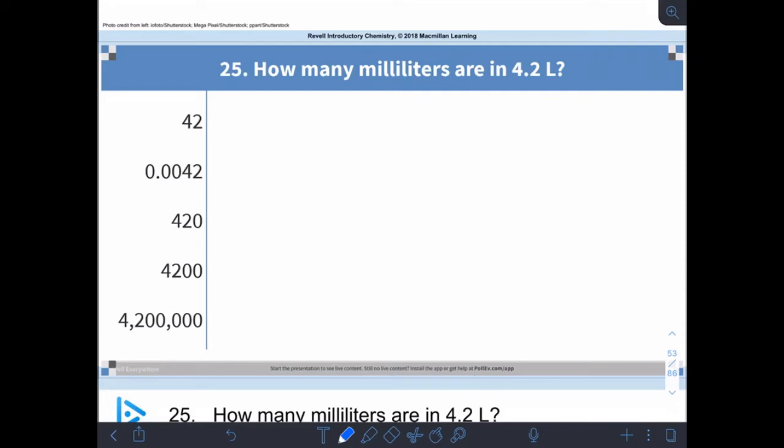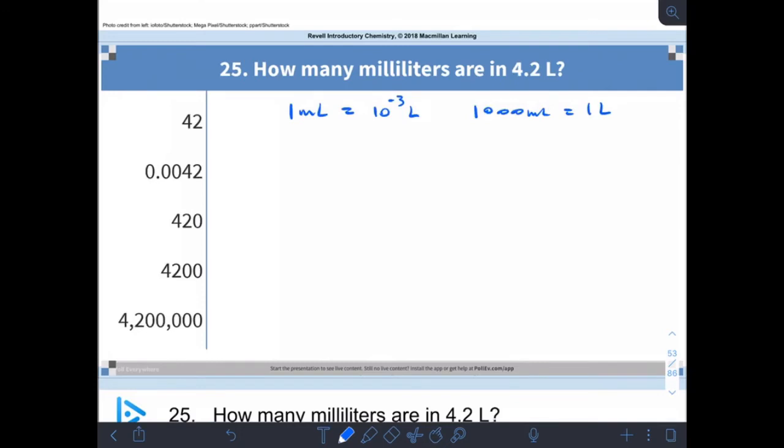So our conversion factor comes from 1 milliliter equals 10 to the minus 3 liters. And that's straight off of that table. Personally, I tend to think of 1,000 milliliters in 1 liter. Those are both the same thing, just from opposite points of view.